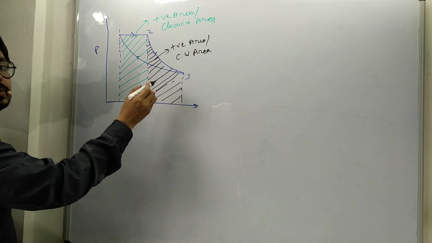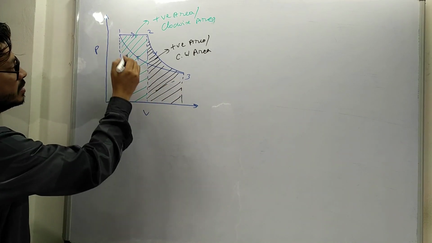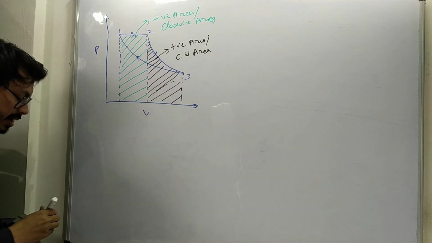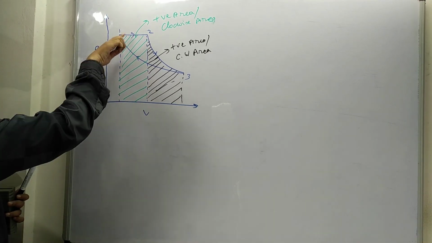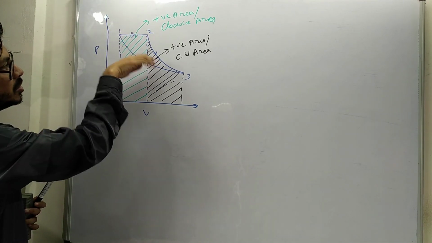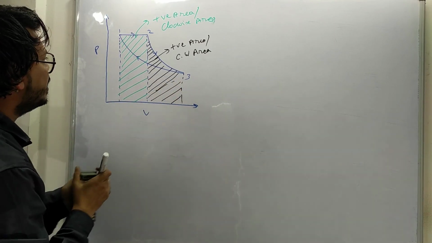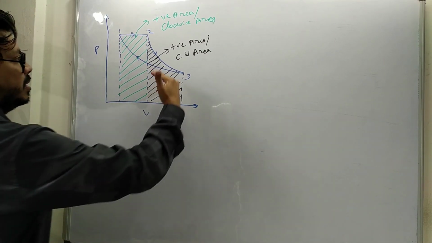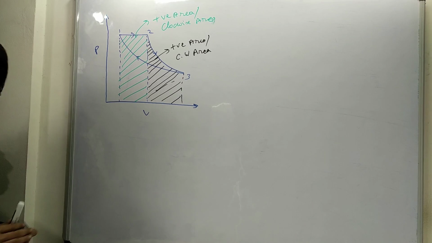But the area under the process 3 to 1 is the negative area, and this is an anti-clockwise cycle. So 1 to 2 was clockwise, 2 to 3 clockwise, and 3 to 1 is anti-clockwise.